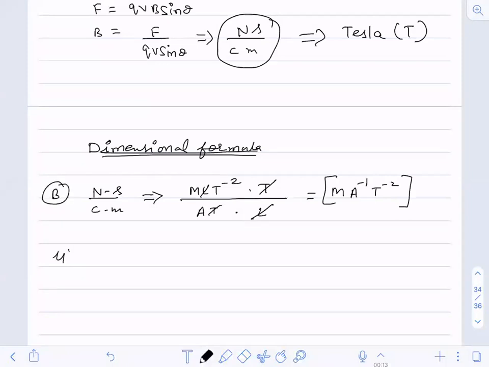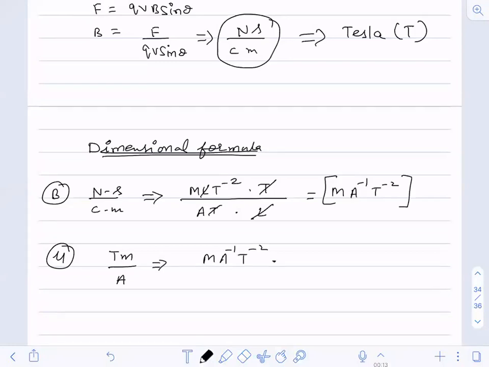Now if I want to calculate the dimensional formula for mu, we know that the unit is Tesla meter per ampere. What is the dimensional formula for this? For Tesla, we will write M A inverse T to the power minus 2.